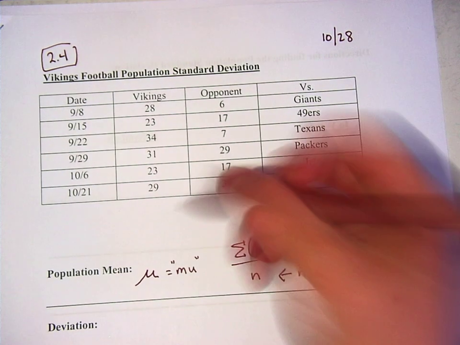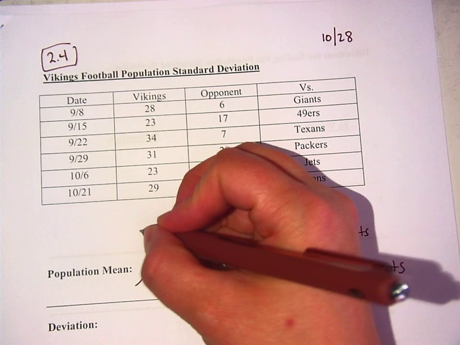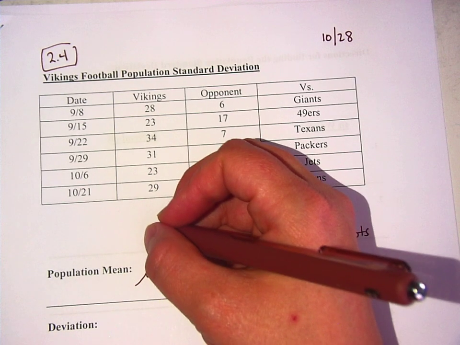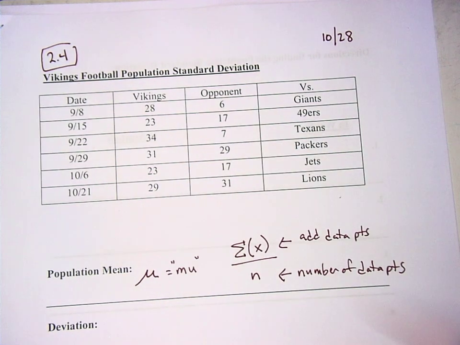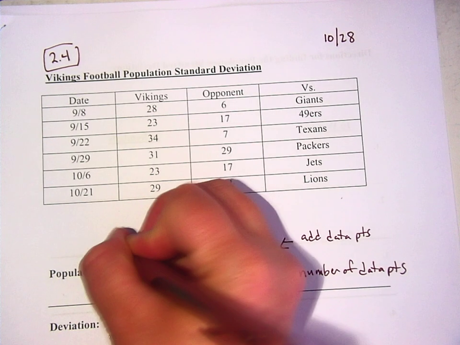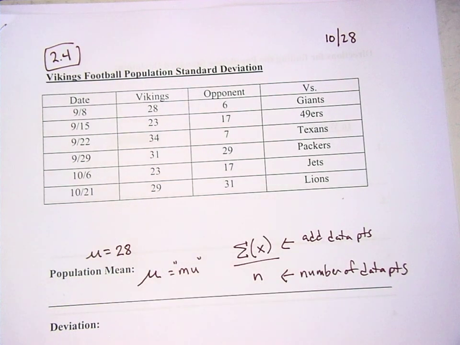Wow. That worked out pretty exact. Did you guys get exactly 28? Okay. All right, so our mu for this population set is 28, which I did not know until just now. I did not set this up. Also, today's the 28th. What?